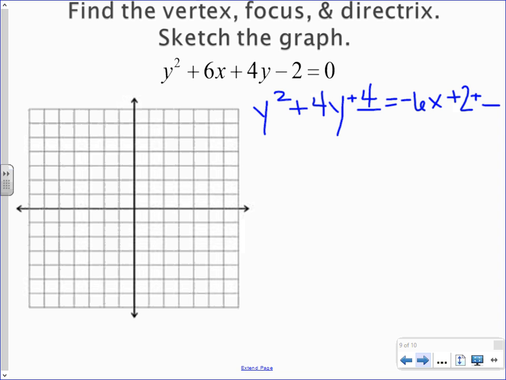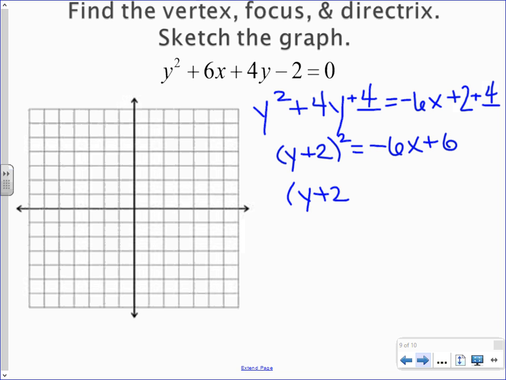So 4 completes our square, so we'll add it to both sides. Okay, so we have y plus 2, the quantity squared, equals negative 6x plus 6. They've been very nice to us, haven't they? We've had nice coefficients.